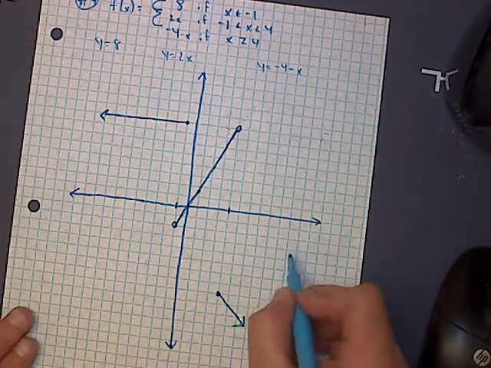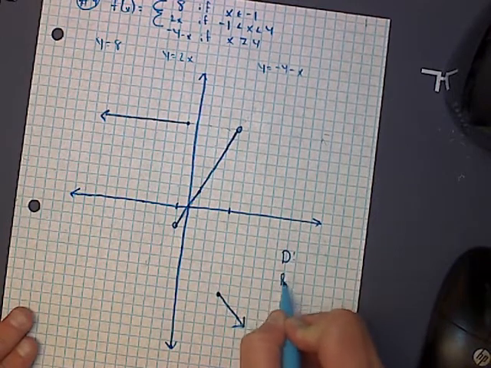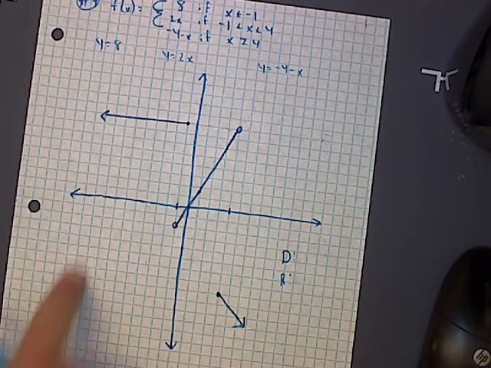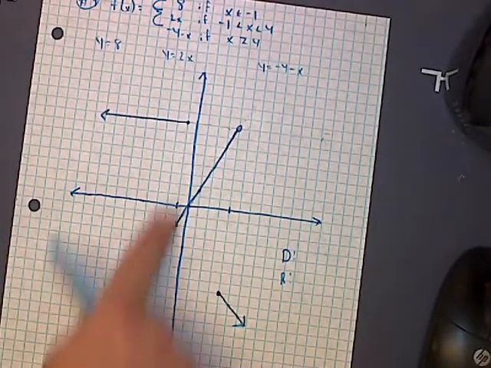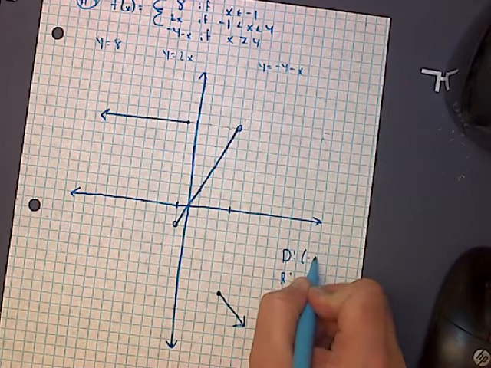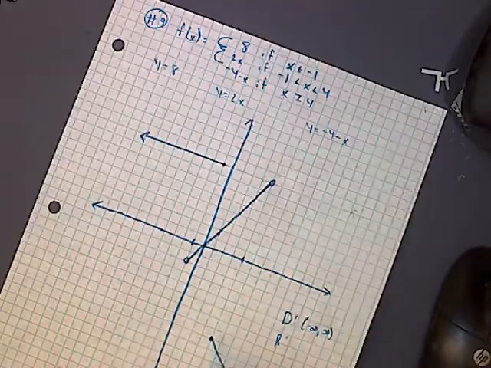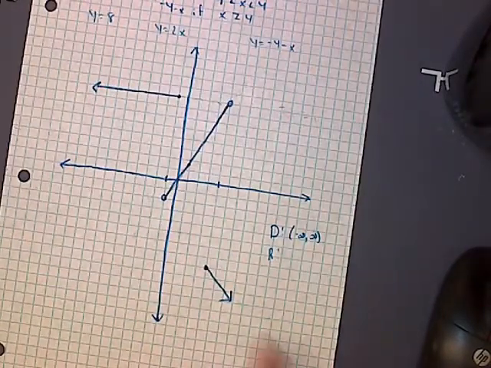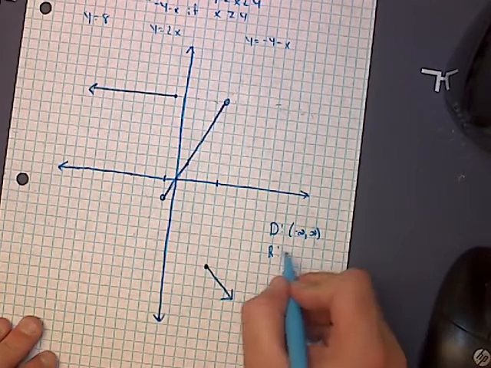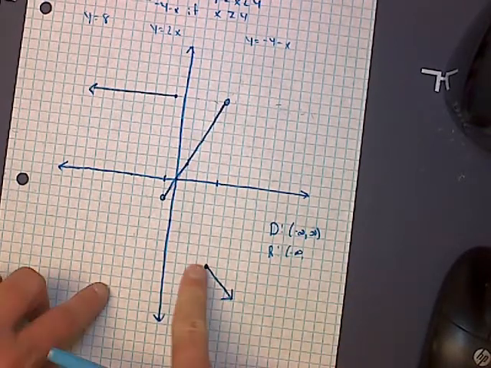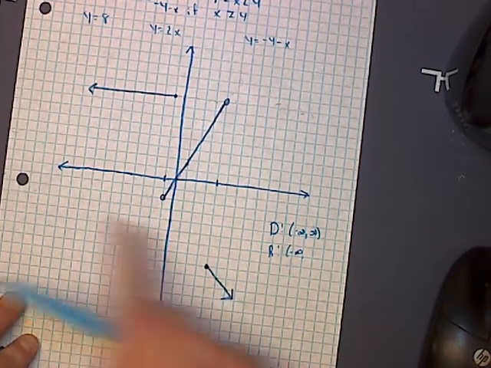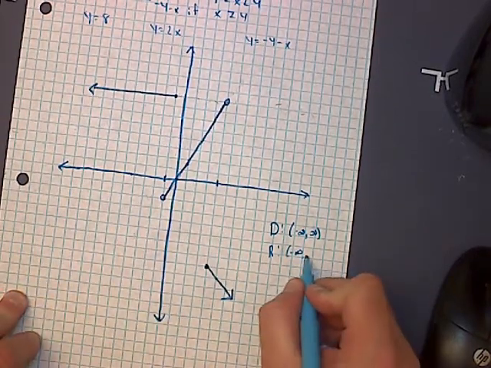Now, let's talk about the domain and range on this one. Notice the arrows keep going here and here. So your domain would be all real numbers. Now your range, you're going to think about it. This keeps going, so if I'm down here at the bottom, it's -infinity. But when I get from here to here, there's nothing in between the graph in this area, so you do have to make a break here.